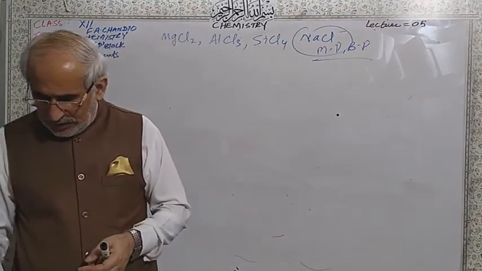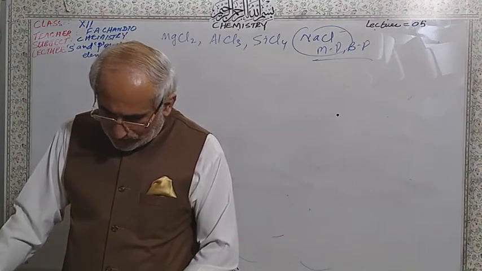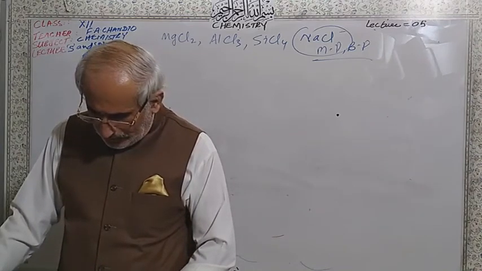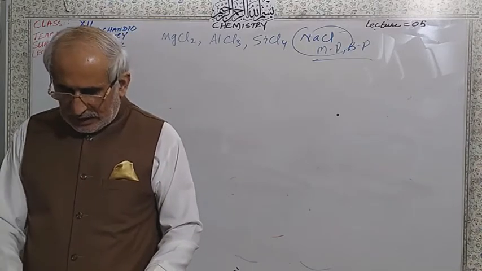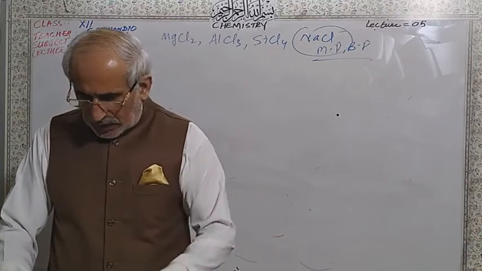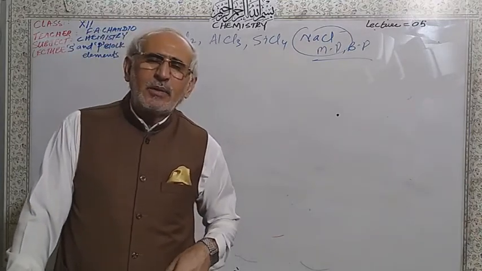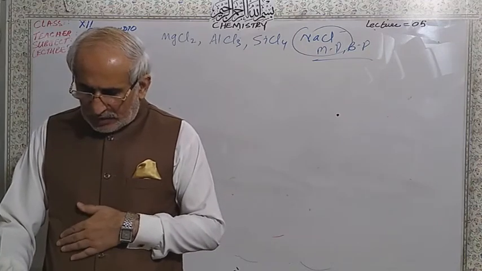So it is very difficult to break. That's why a high amount of energy is required to melt or boil sodium chloride. That is why it has a very high melting point and boiling point. This is question number 2.